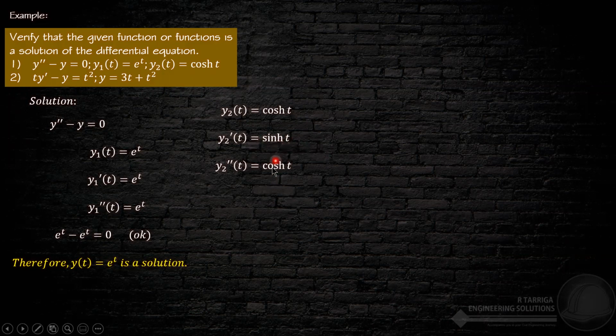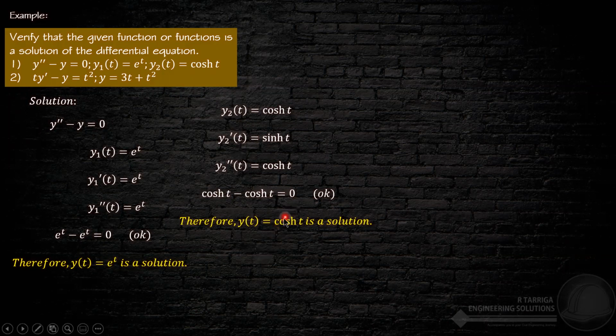It goes back. By using this differential equation, y double prime is this and y is the hyperbolic cosine. So it also satisfies. Therefore, it is a solution of the given differential equation.